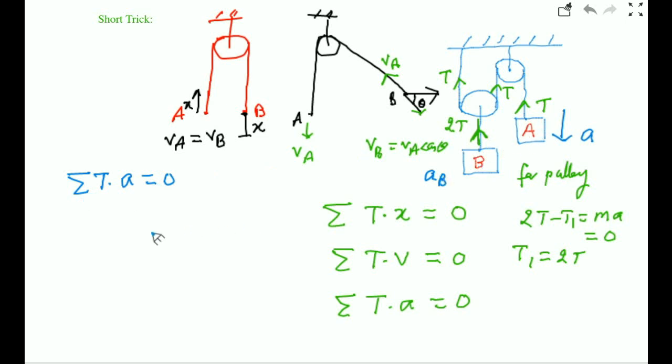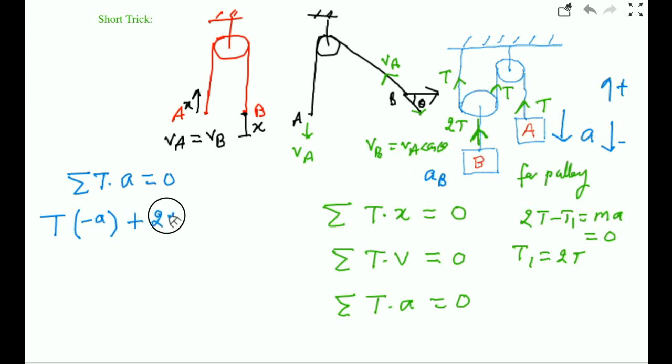To go for A, the tension is T and it is going with acceleration a in the downward direction. So we write minus a, because in the sign convention downward is negative and upward is positive. So here you write T into minus a, plus what about the tension on B? There is 2T.